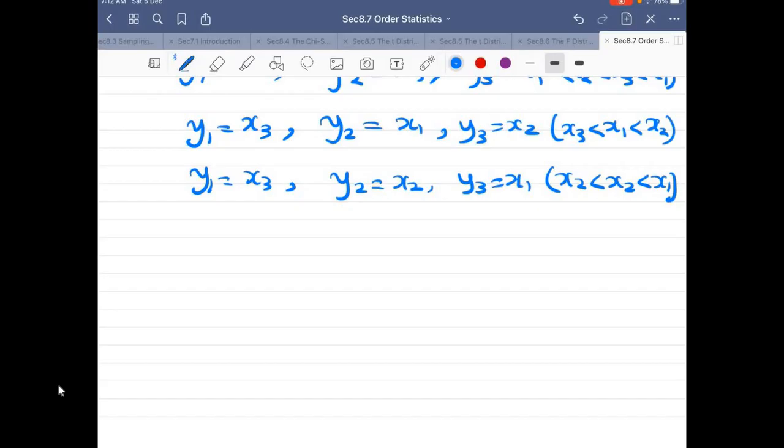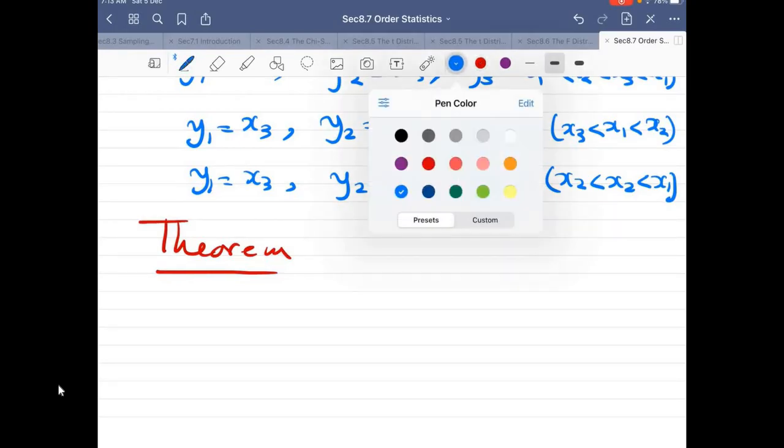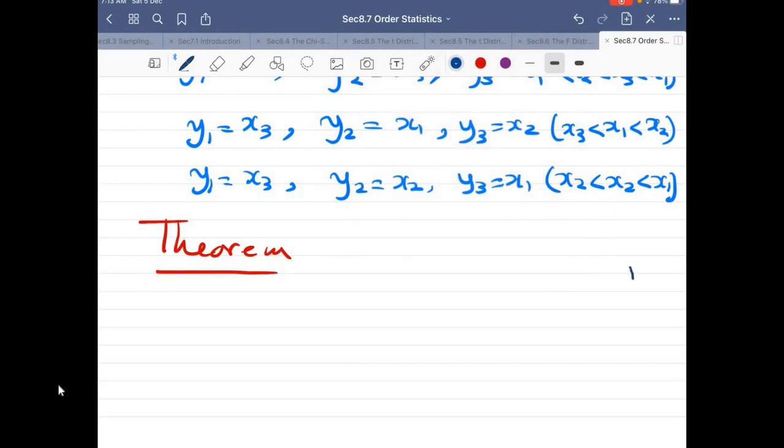Now we want to know the probability density of the rth order statistic, and then you just need to know the theorem. When you derive this theorem, you have to think of them as ordered.